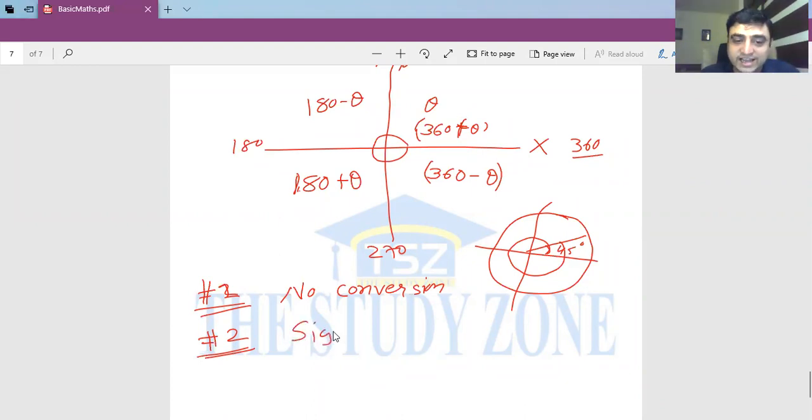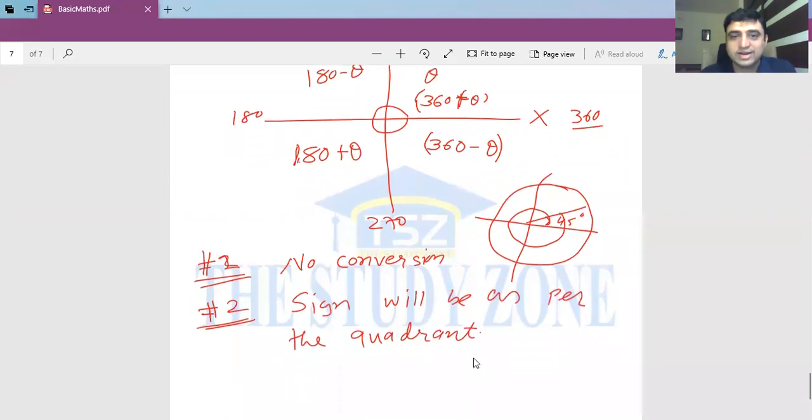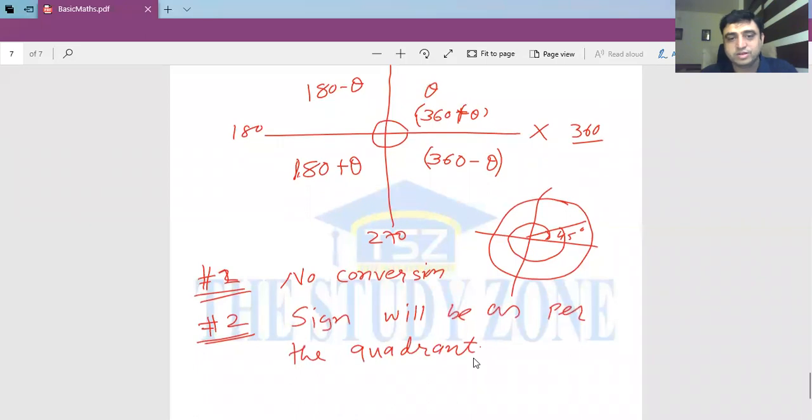That is, the sign will be as per the quadrant. That is all STC. If you have an angle in this format, that is 180 plus or minus theta or 360 plus or minus theta, there is no conversion.